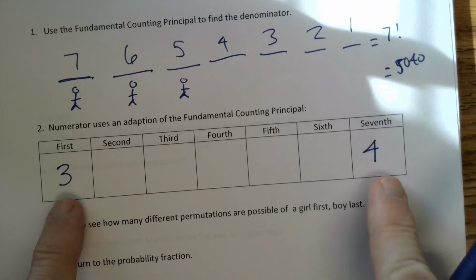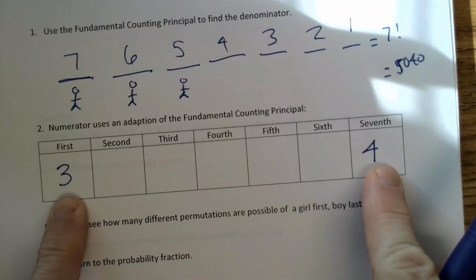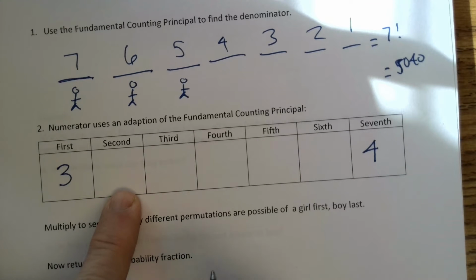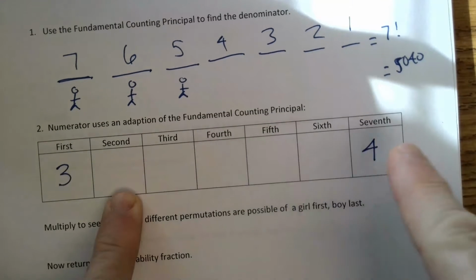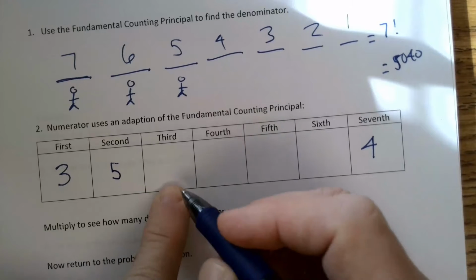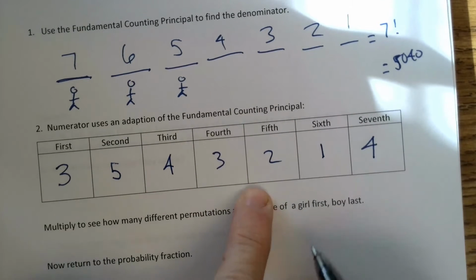How many kids can be second in line? We've used 2 kids already, so there's only 5 remaining, and then 4 remaining, then 3, then 2, and then 1.